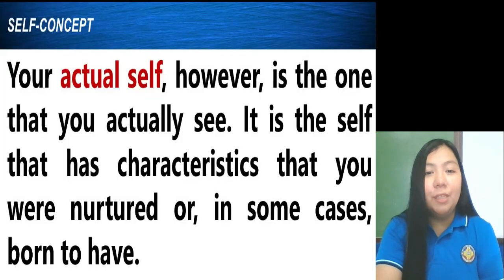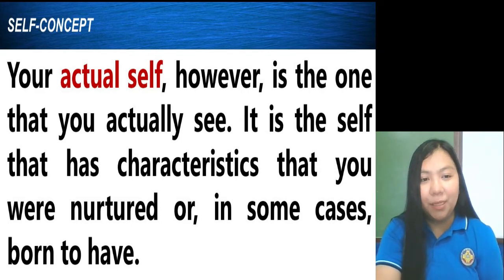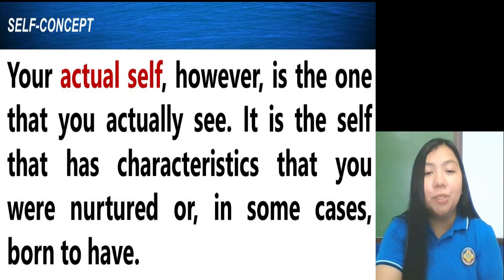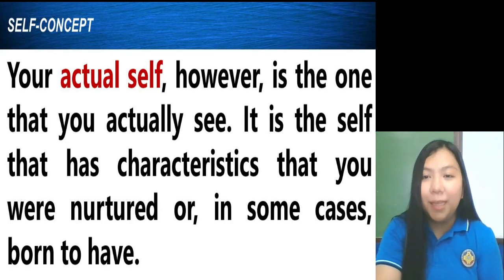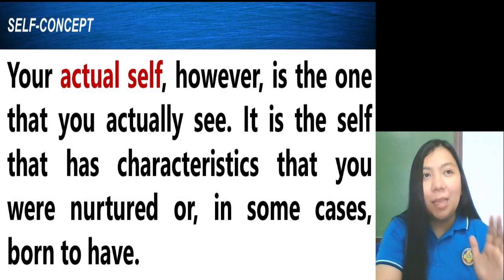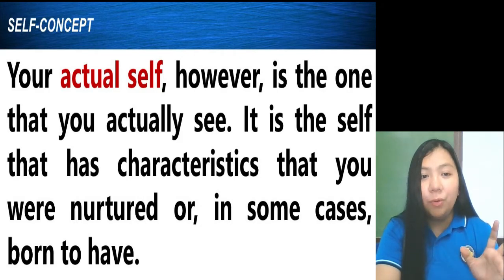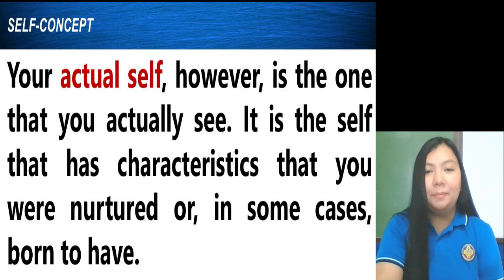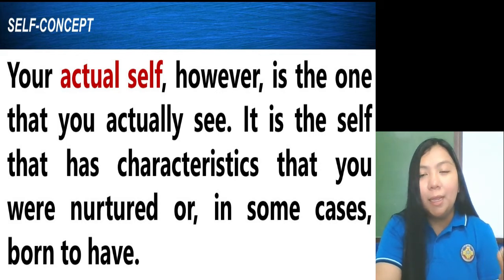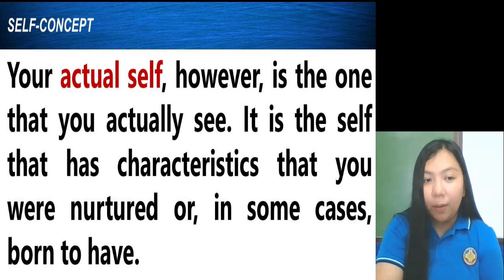However, actual self is the one that you actually see. It is the self that has characteristics that you were nurtured or in some cases born to have. Yung actual self naman, ito yung ikaw, kung ano yung kasalukuyang ikaw. Okay. Kung ano yung nakita mo sa ngayon, ano yung characteristics, ano yung mga pag-uugali mo na nakasanayan, na kinalakihan, at kung ano yung ugali o katangian na meron ka mula pa nung ikaw ay pinanganak.